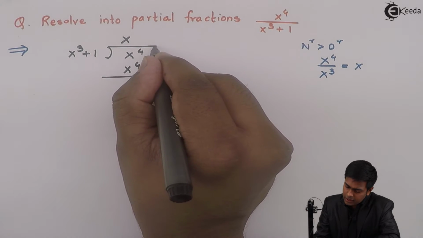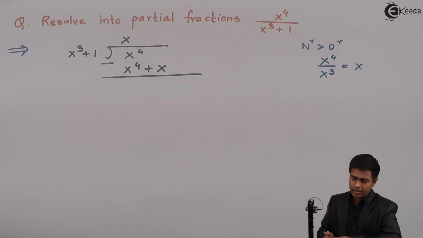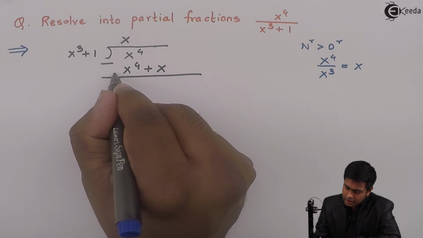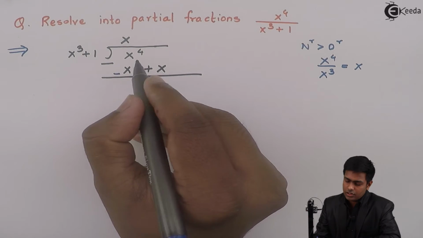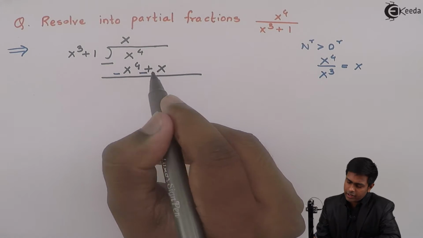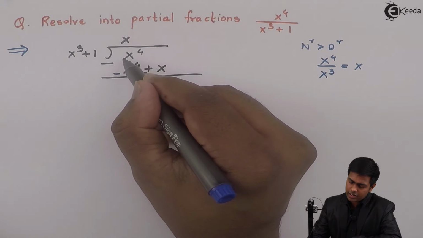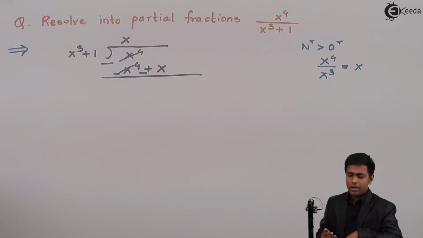Then we will perform the subtraction. So whenever we subtract two quantities, the sign of the second term always changes. So this x raised to 4 will become negative x raised to 4, and x will become negative x. So here plus x raised to 4 and minus x raised to 4 cancel out, and here we get minus x.